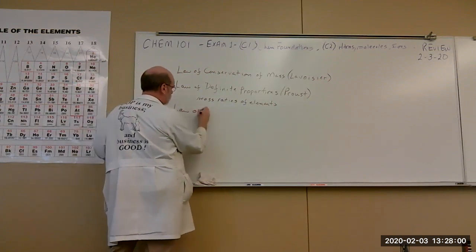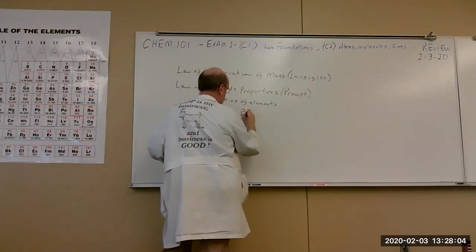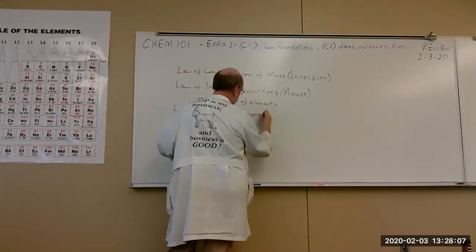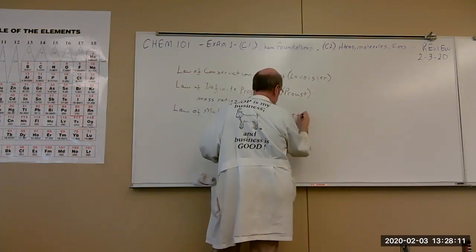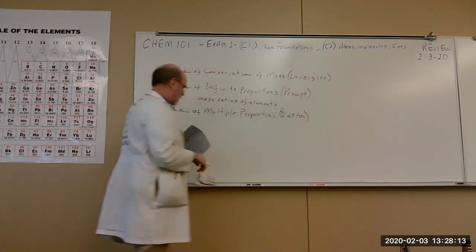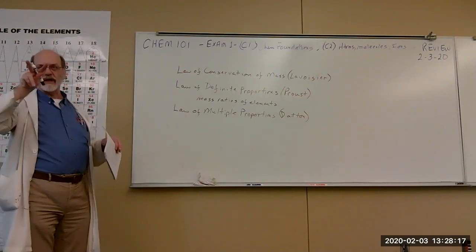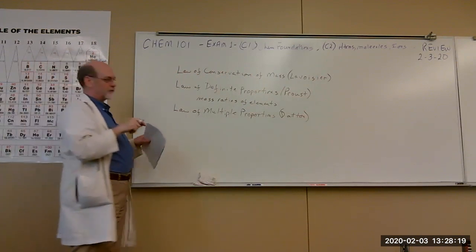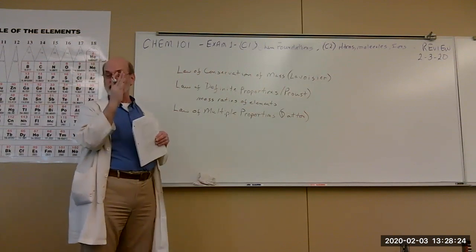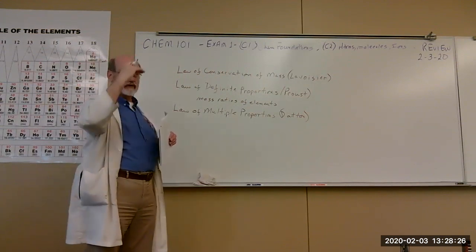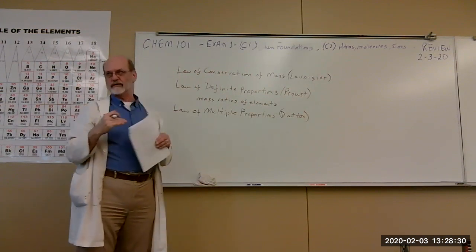Then there's the law of multiple proportions. And this was Dalton, I believe. He said that in any series of compounds that have two elements in them, if you hold one of the elements constant for mass, then the second element from one to the next to the next varies by whole number multiples.